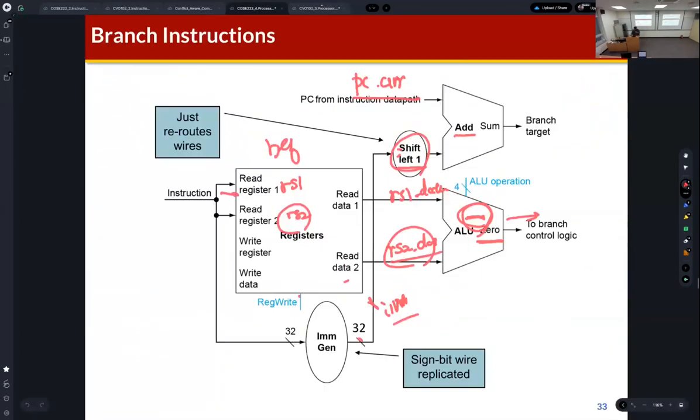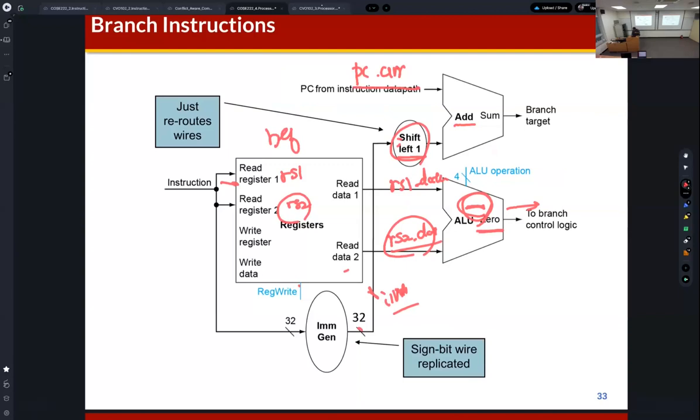Using this adder, we can get PC curr, the current PC, plus the immediate. The immediate needs to be sign extended to 32 bits, and then this becomes the target of the branch instruction.